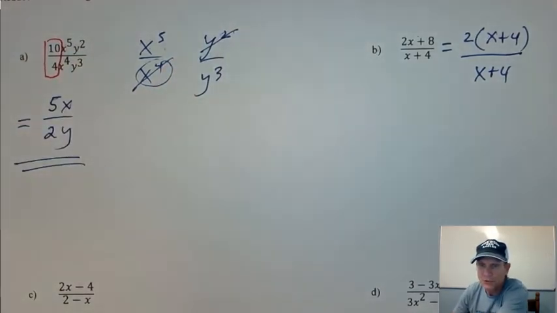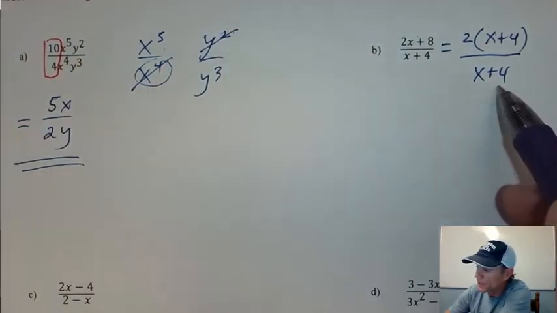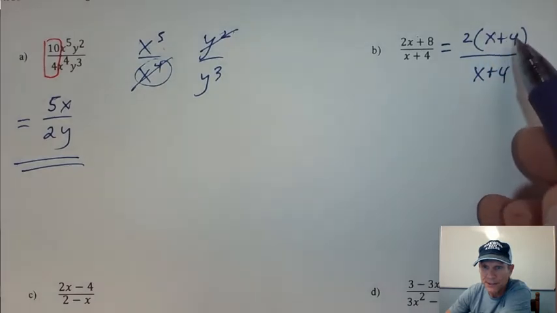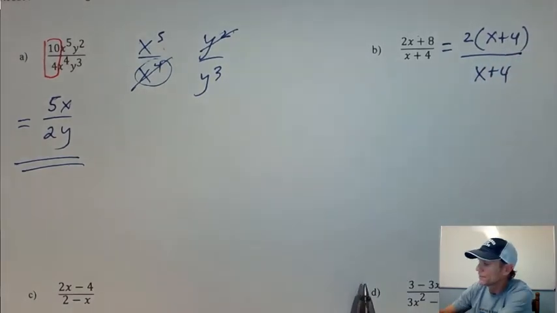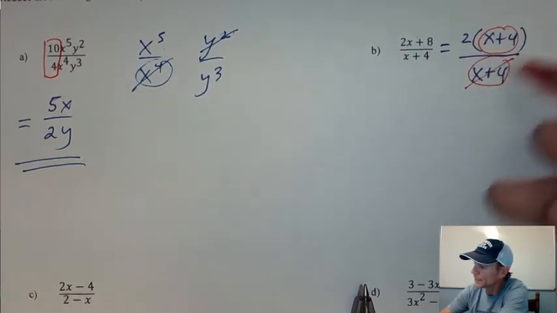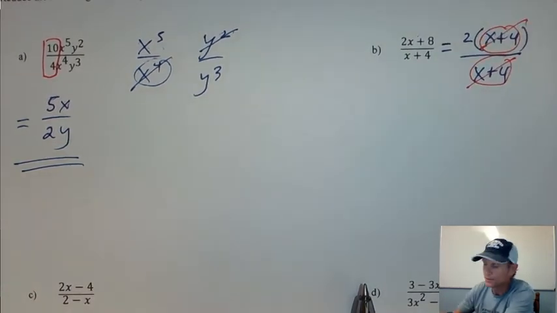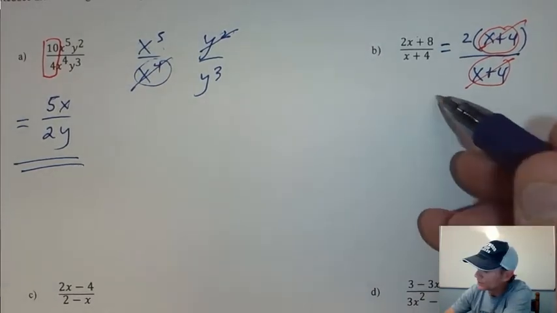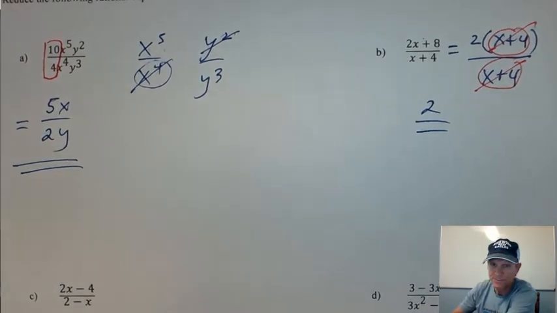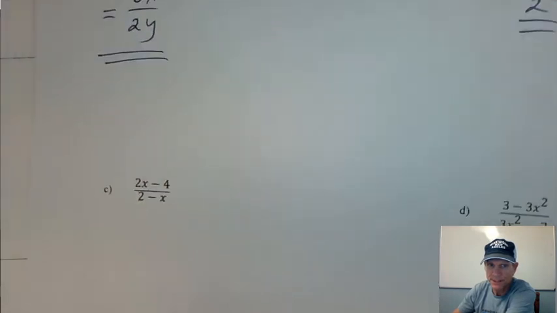Hopefully you can spot, even though the denominator isn't in parentheses, that this piece matches this piece. So I can cancel out the whole binomial. I'm not canceling individual parts, and what I get here is 2. So factor, then cancel; factor, then cancel.